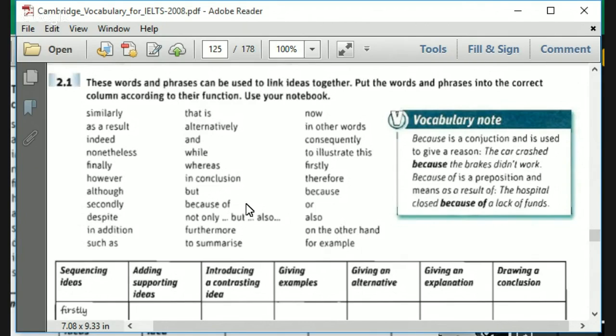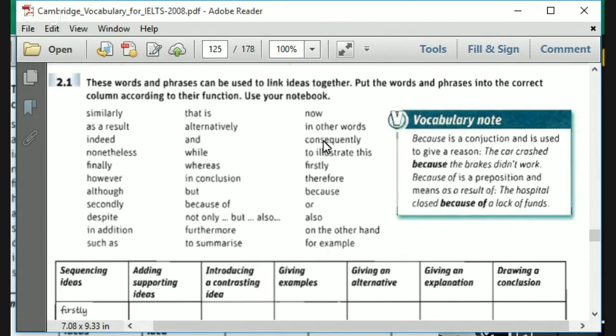And some of these are adverbs that we use basically for organization or to convey some kind of a signal, a signal word or signal phrase that's going to signal what we're talking about in our sentence. Things like similarly, alternatively.